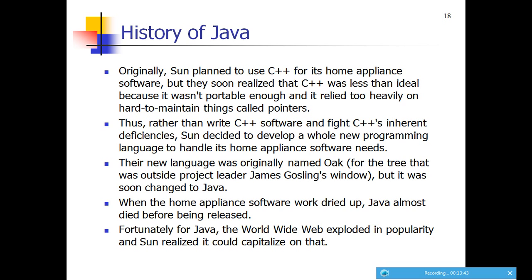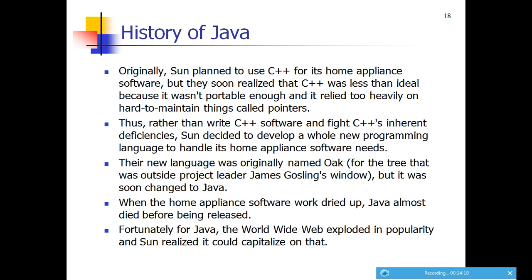Thus, rather than write C++ software and fight C++'s inherent deficiency, Sun decided to develop a whole new programming language to handle its home appliance software needs. Their new language was originally named Oak, for the tree outside of the project leader James Gosling's window, but it was soon changed to Java.